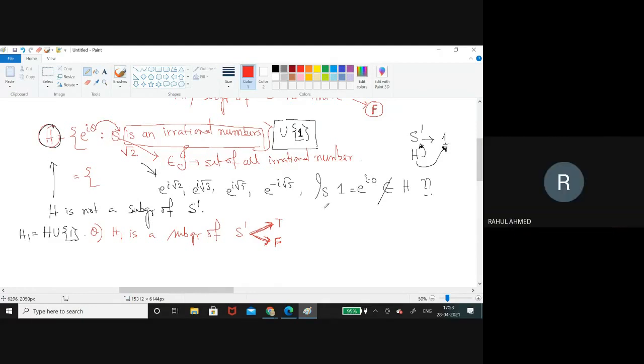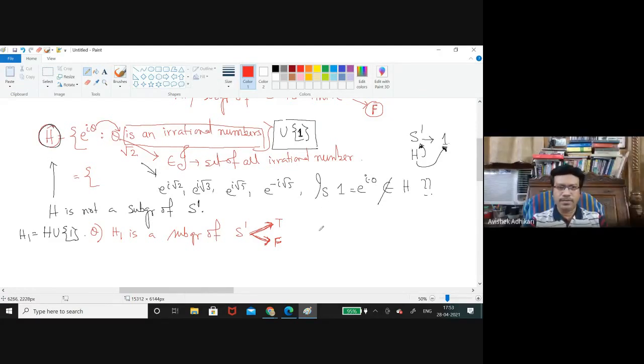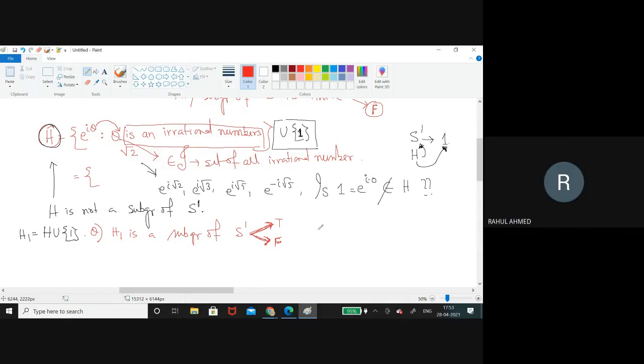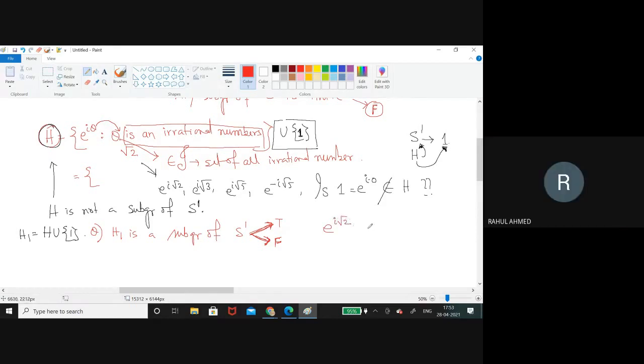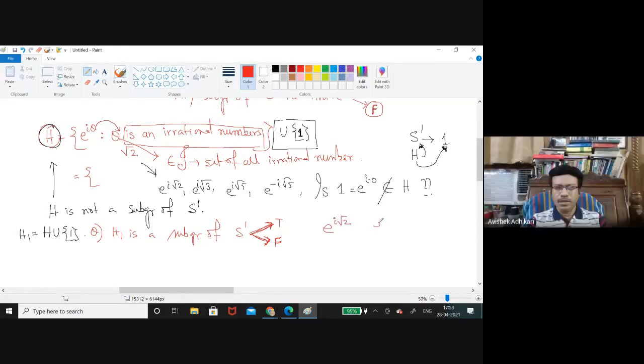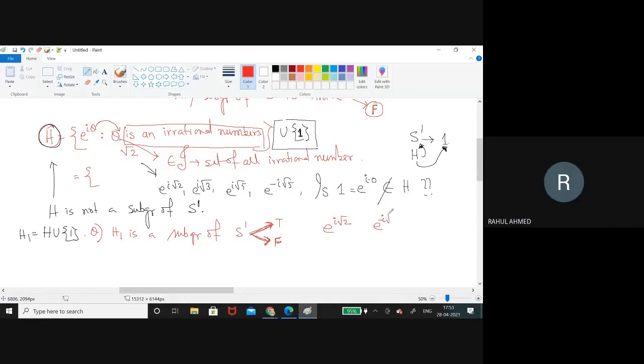Sir, false. Okay, why? Sir, if you take e to the power i root 2 and e to the power minus i root 2, if we multiply them, then it must not be in that. Why not?